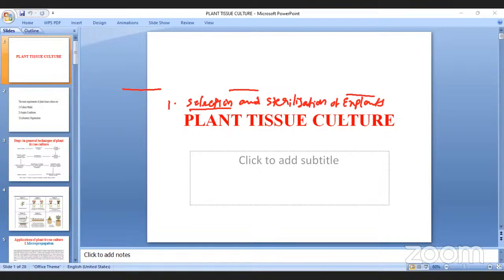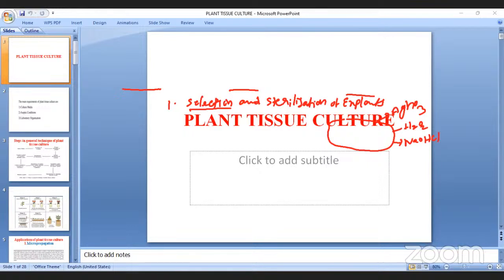After that, we need surface sterilization. Already you know how the surface sterilization is done. The surface sterilization is done with the help of silver nitrate, as already told, hydrogen peroxide, and sodium hypochlorite. These are the chemicals used for surface sterilization of the explant.